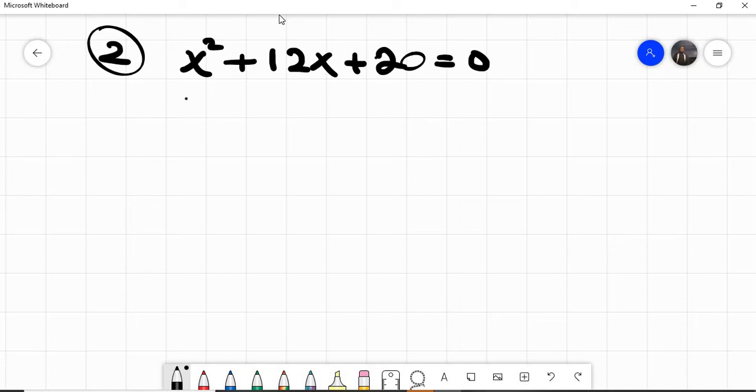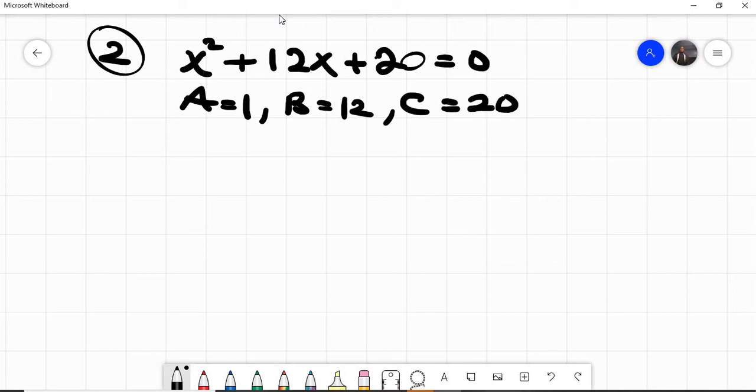So we're gonna write our a is 1, b is 12, our c is 20, and then we're gonna write the general formula.